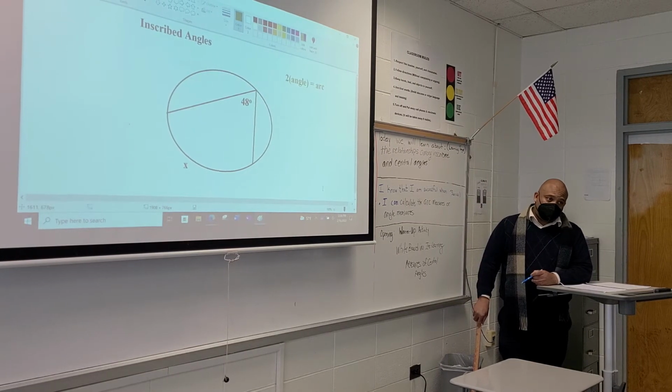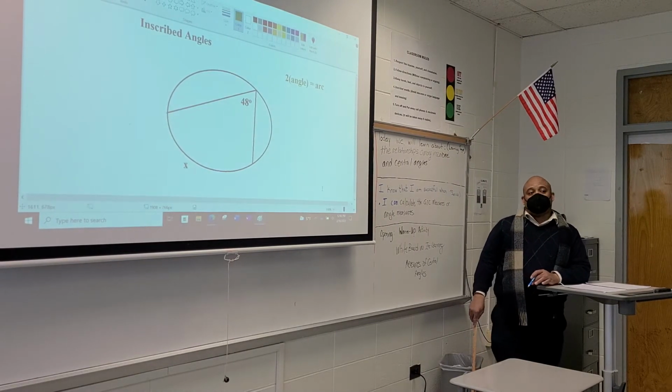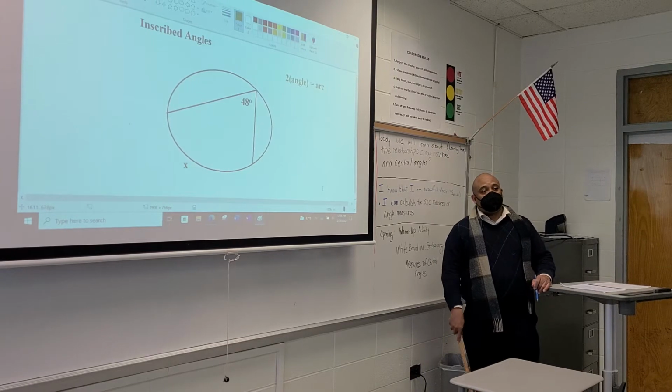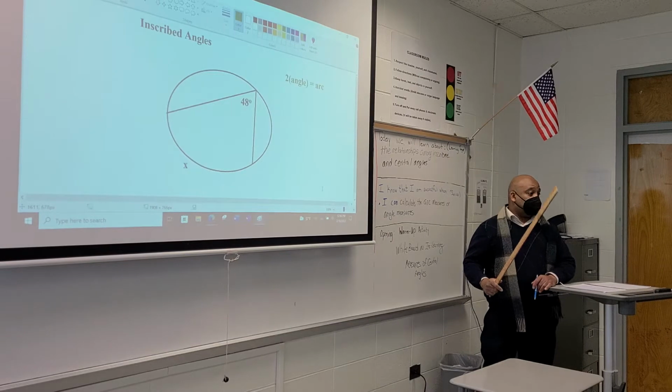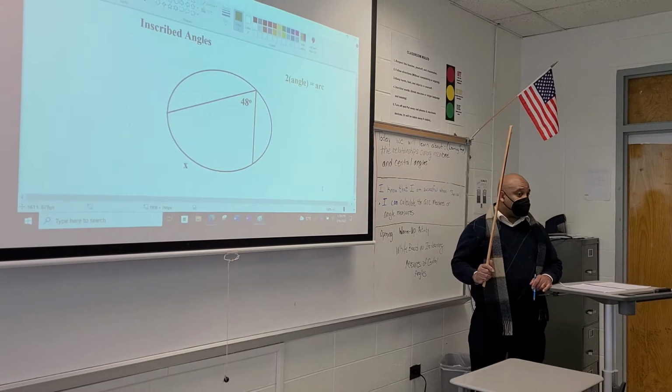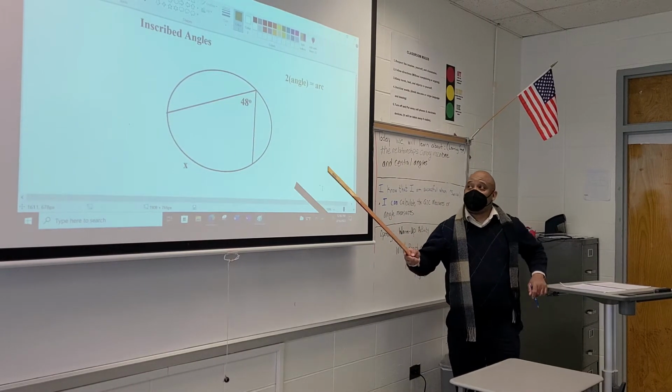It's in the center of the circle. Which angle comes from the center of the circle? What's the name of the angle? So this is an inscribed angle, and the other one is a... No, it's not outside.